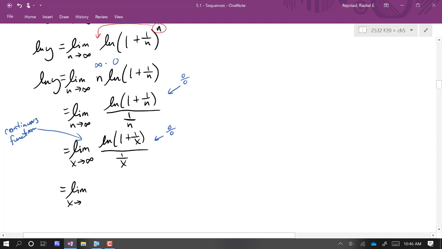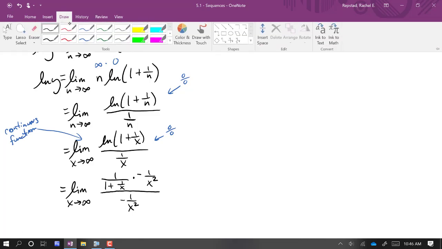And at this point, this example might look a little familiar. We've actually worked out this limit in the past. So this is the limit as x approaches infinity. I'm going to apply L'Hopital, take the derivative on both the top and the bottom. So this is 1 over 1 plus 1 over x times negative 1 over x squared. And on the bottom, the derivative of 1 over x is negative 1 over x squared.